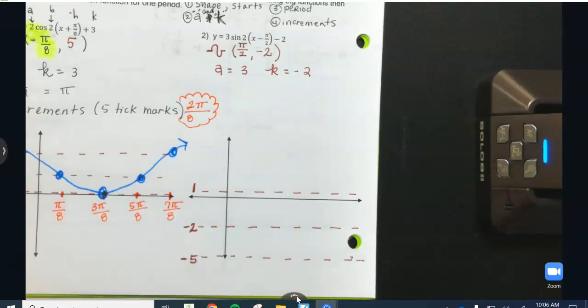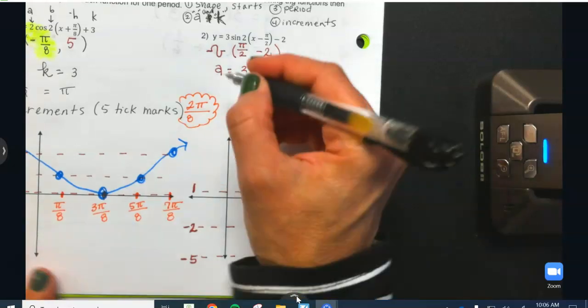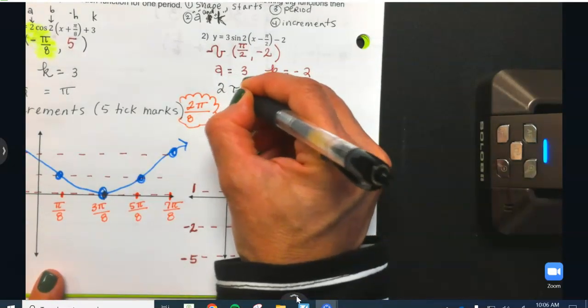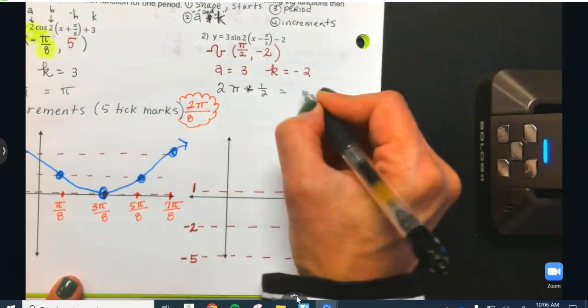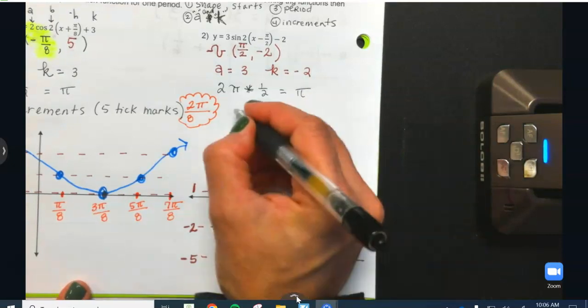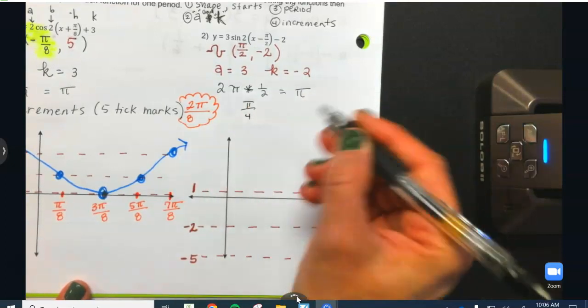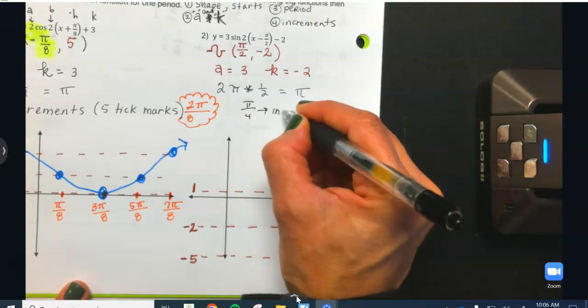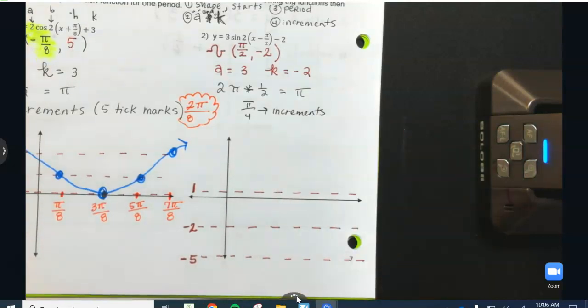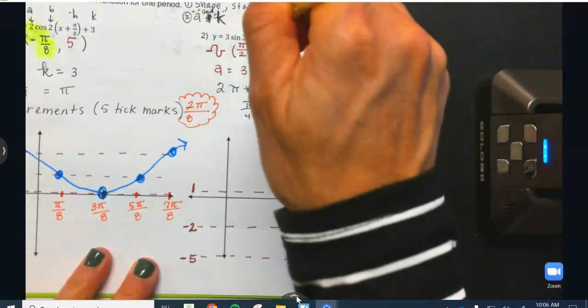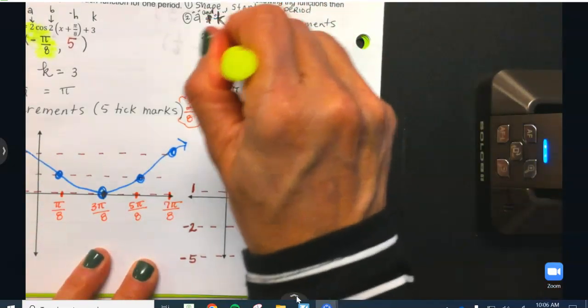All right, cool. Let's work on our x-axis, which means we need to know the period. The period is going to be 2 pi times the reciprocal of b. So a period is pi radians. Let's cut that into fourths. So there's our increments. And then we're kind of in the same dilemma. Look, we need to start at pi over 2.